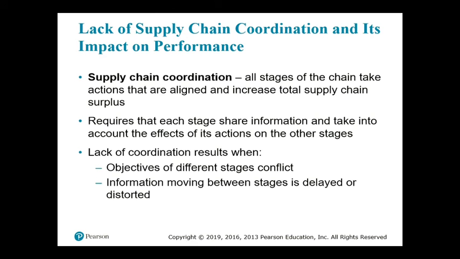So the two common reasons for lacking coordination are the conflict between stages' objectives, and information delay and information distortion. When there is a lack of coordination, what do we see in the supply chain? Bullwhip effect, yes, and of course the associated disbenefits.